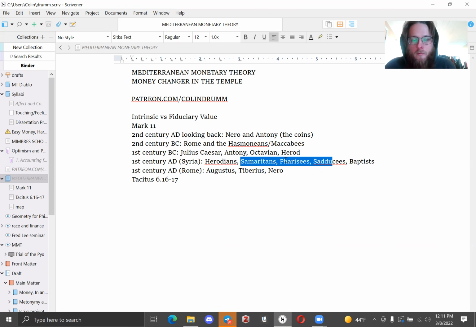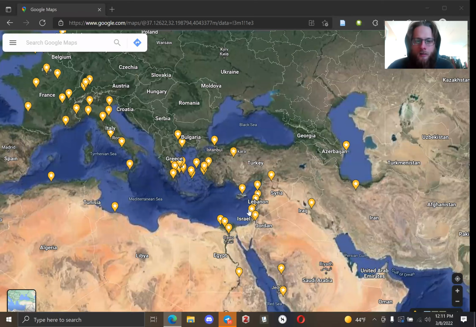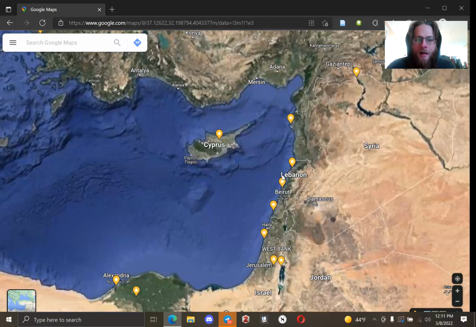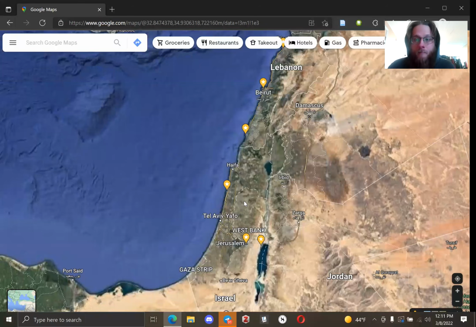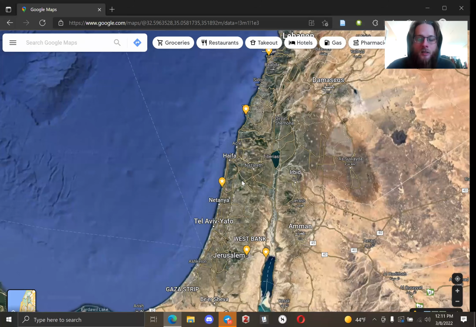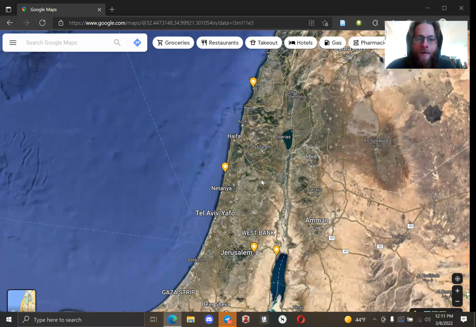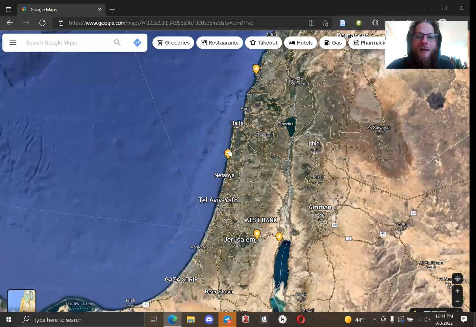The Samaritans. We talked about those. So we already talked about how they have slightly different practice. They have just the Torah, but they're also kind of around this region around Caesarea, which is this Roman port.